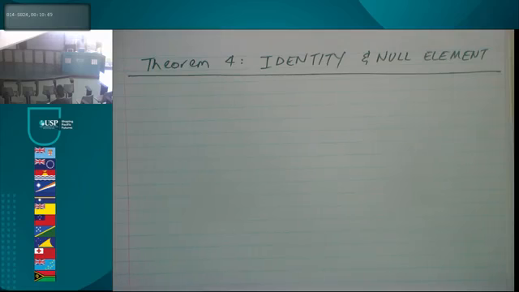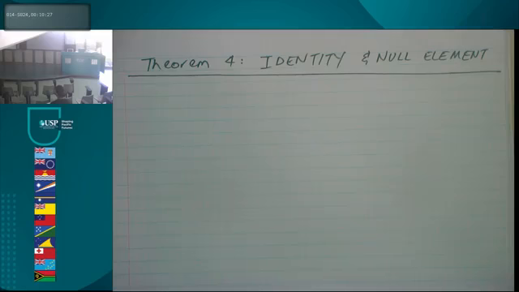Another concept is the null element. The null element, tell me, this only exists in multiplication, right? In rudimentary multiplication. What times a number will always give you a fixed answer?